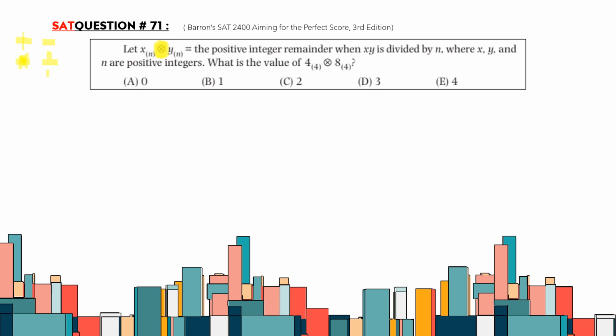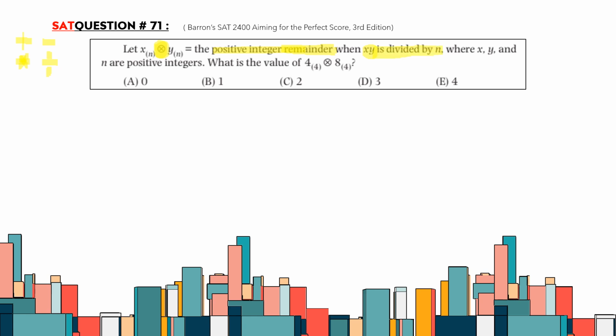So in this case, we just follow whatever the question describes as the definition of what it means. The cross operation will be the remainder, the positive integer remainder when x times y is divided by n.